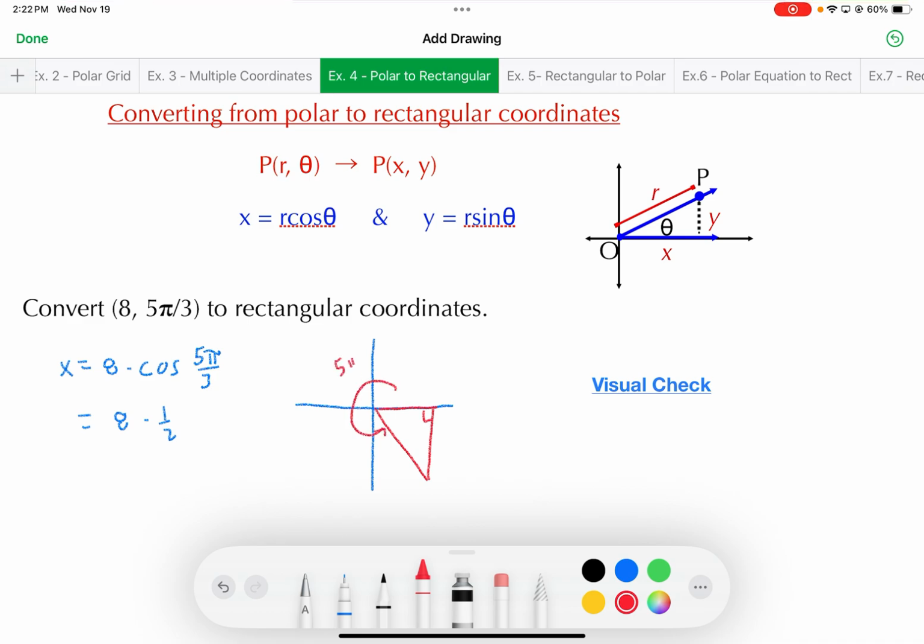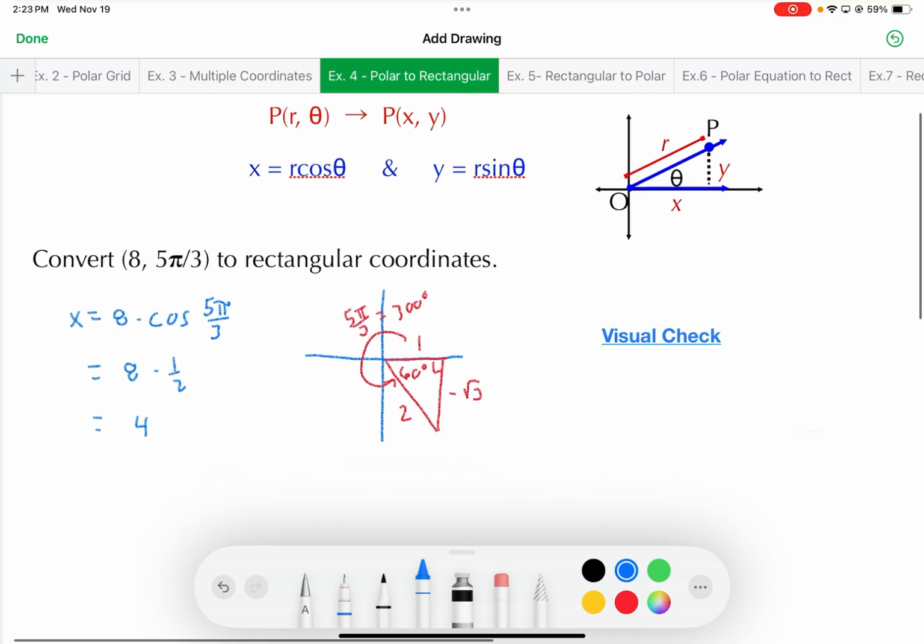So there's your 5 pi over 3, or 300 degrees, which means the reference angle here is 60 degrees, making my values associated with the triangle here negative radical 3, 1, and 2. Well, cosine off of that, x over r, would be 1/2 then. 8 times 1/2 is, of course, 4.